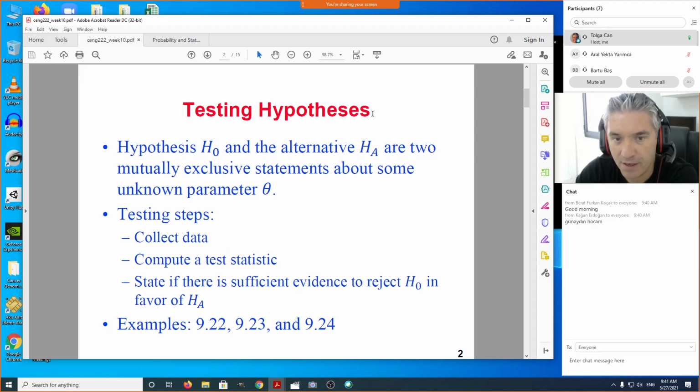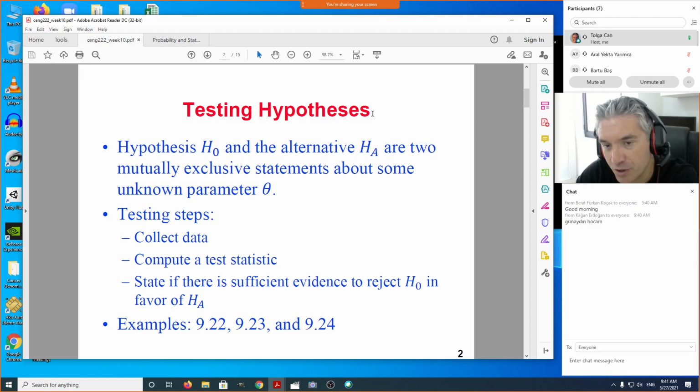So last time we started hypothesis testing on Tuesday, and we said that the null hypothesis H0 and the alternative hypothesis are two mutually exclusive statements.